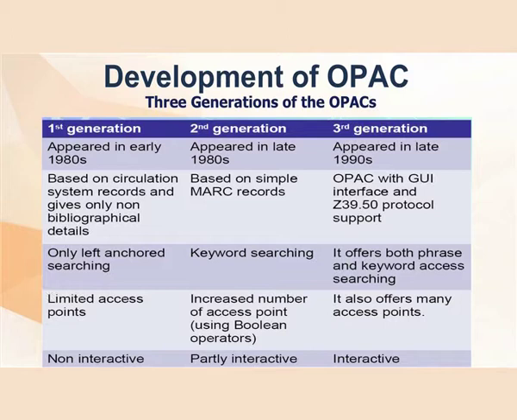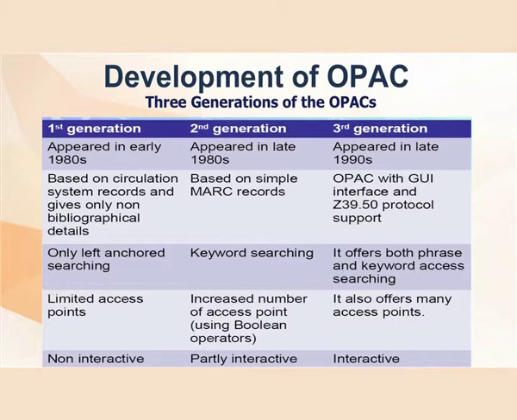Then the second generation of OPACs appeared in the late 1980s. They were based on simple MARC records, keyword searching was possible, and an increased number of access points were available using Boolean operators as well, and they were partly interactive. The third generation of OPACs appeared in the late 1990s.